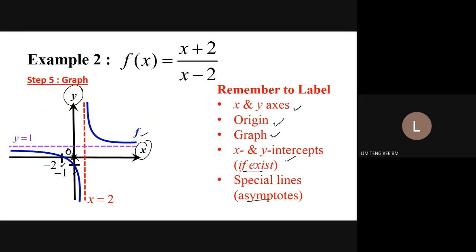Label the asymptotes, the important lines, so draw dotted lines and also label the dotted lines. Therefore, this is how we sketch our graph for the reciprocal function in example number 2.